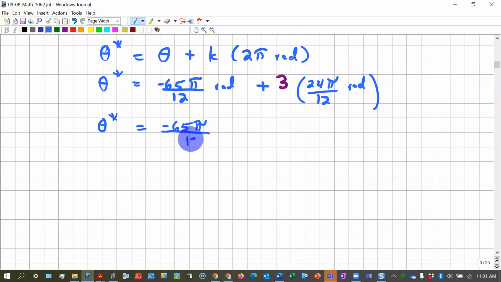So if I have negative 65 pi over 12 radians, and I add positive 72 pi over 12 radians, now my answer is going to be positive.